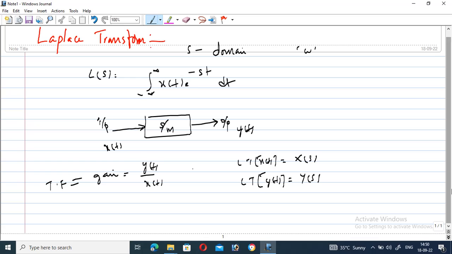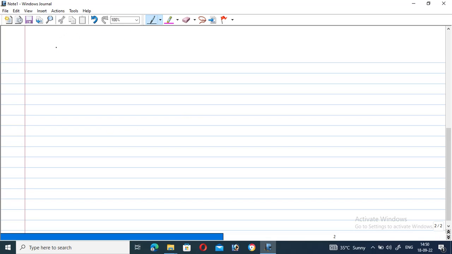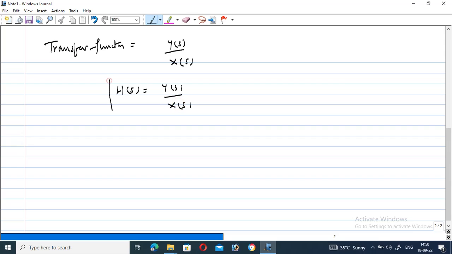So the transfer function can be represented as h of s, which is equal to y of s by x of s.